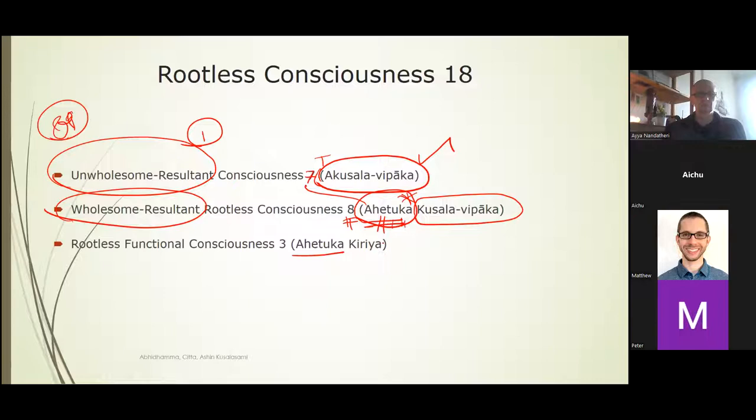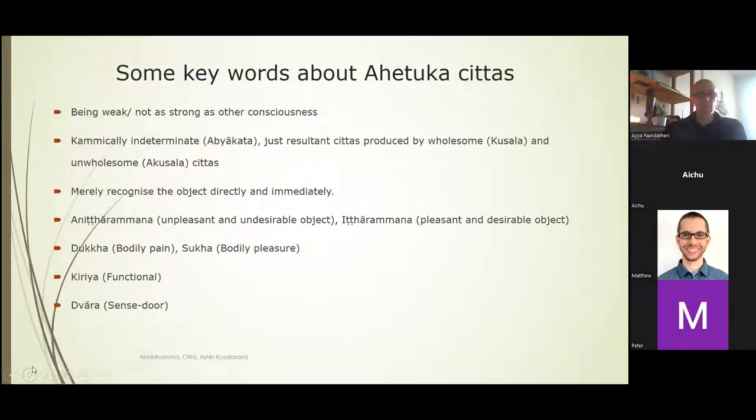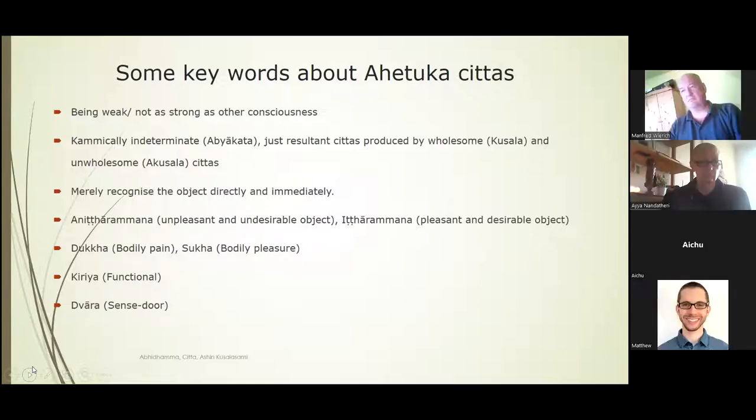Okay, the next group is Ahetuka Kiriya, rootless functional consciousness. Okay, let me go next. Before I start talking about these Ahetuka Chetas, I want to talk about some keywords, because they are very important, not only for the 18 Ahetuka Chetas, but also for the Abhidhamma, some words that you need to know.